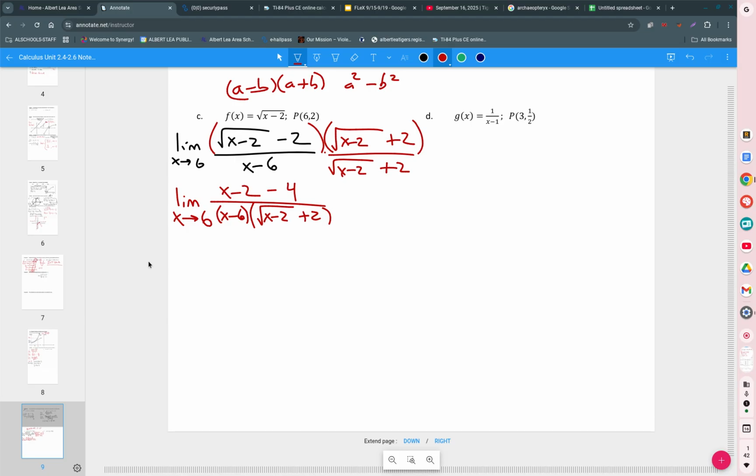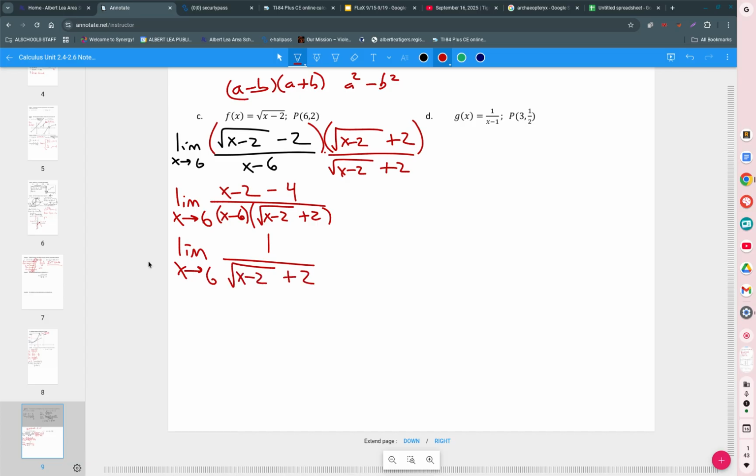Please make sure that you write these as two separate quantities. What do you end up with in the numerator? x minus 6, which will divide with the x minus 6. So as Anna says, it leaves you with just 1. The limit as x goes to 6 of 1 over the root of x minus 2, plus 2.